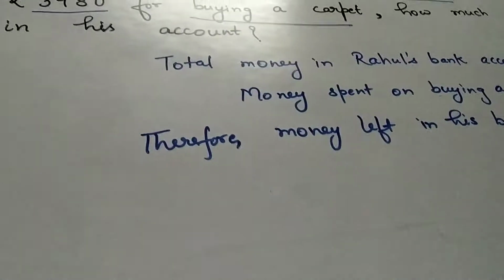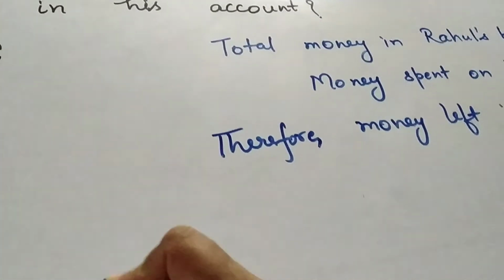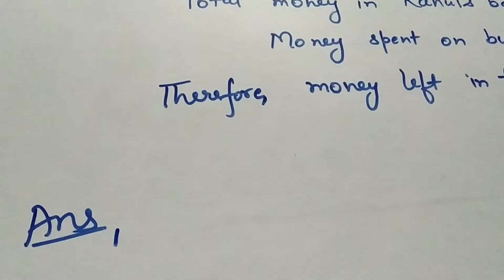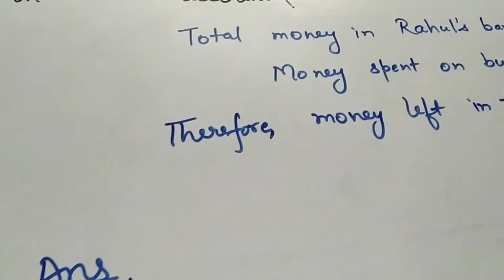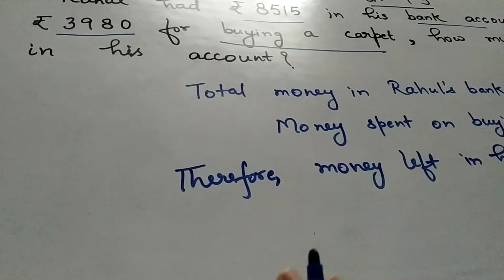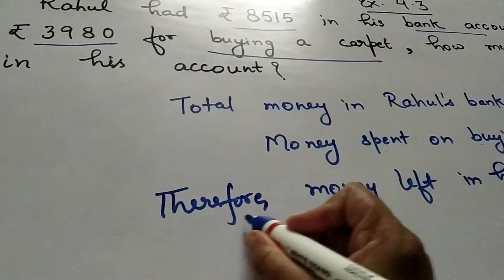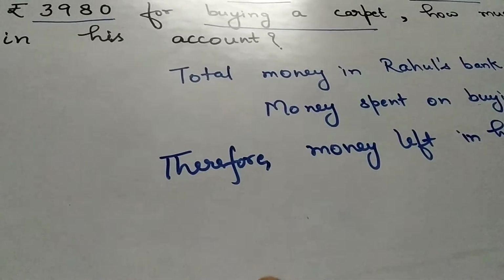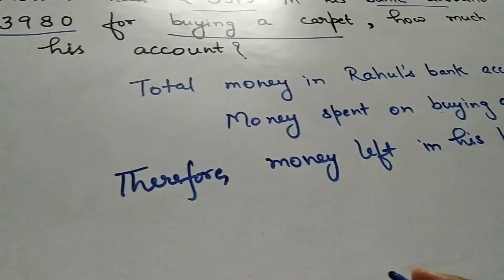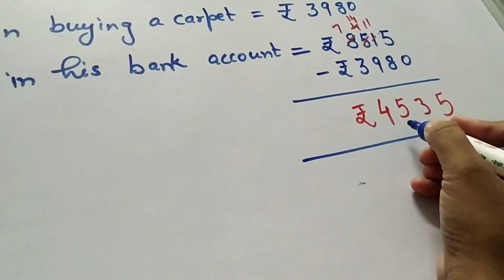Okay, we have done our calculation. Now we will write the answer statement. As you all know, in word problems, answer statement is also very important. So we will write what was the question, how much money was left in his account. So accordingly we will write. Or we can repeat this sentence also. So therefore, how much money was left?